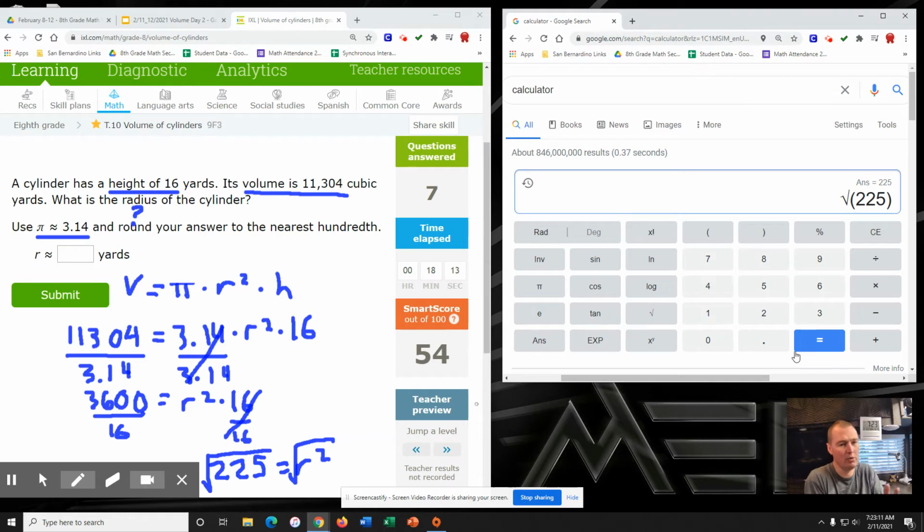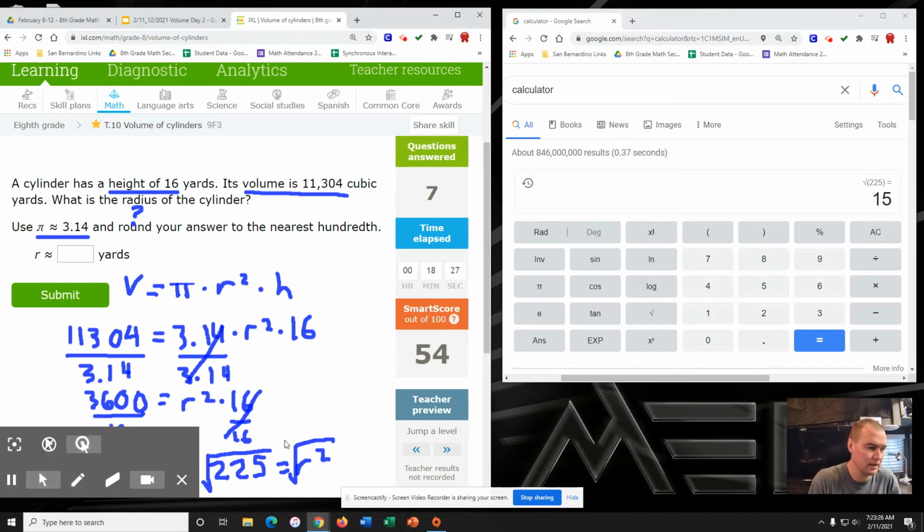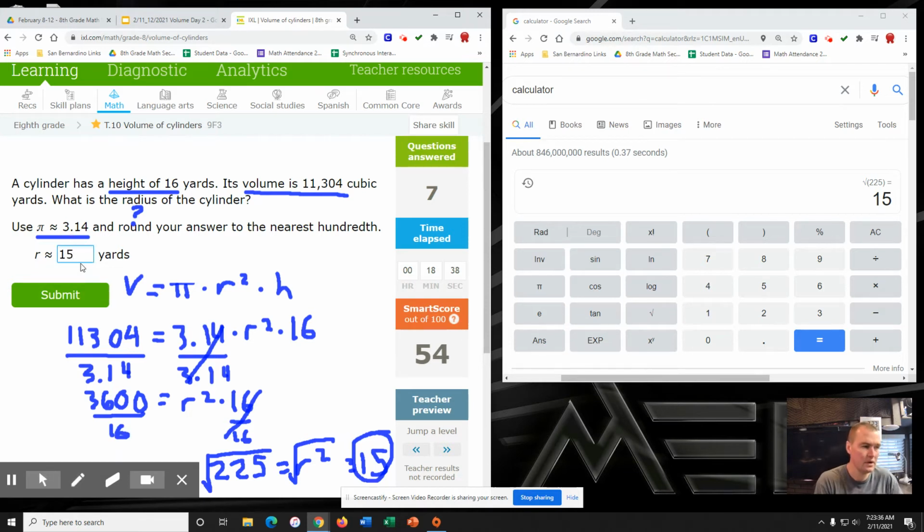So I'm asking the calculator, well, what number times the exact number gives you 225? And sometimes they're going to look familiar, and sometimes they're not. Okay? But in this particular case, 15 times 15 is 225. But because the square root is 15, the radius is equal to 15. So our radius is missing, and it was 15.